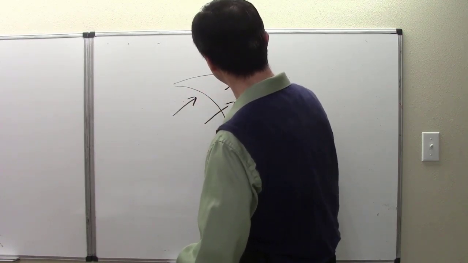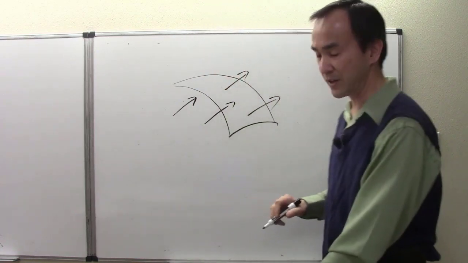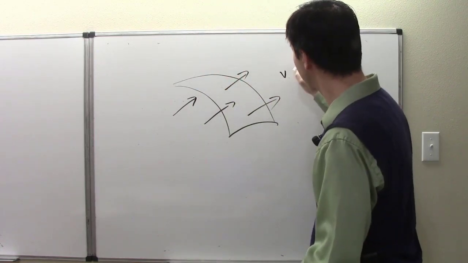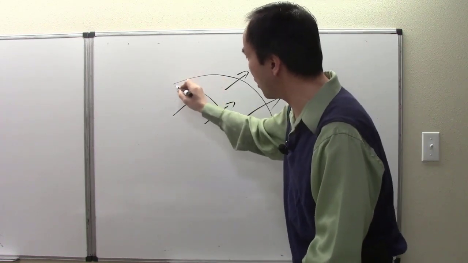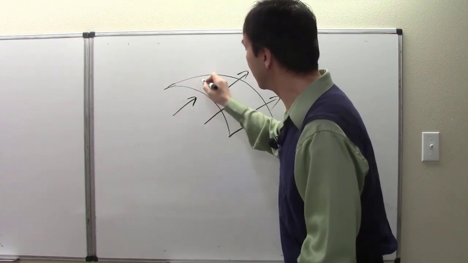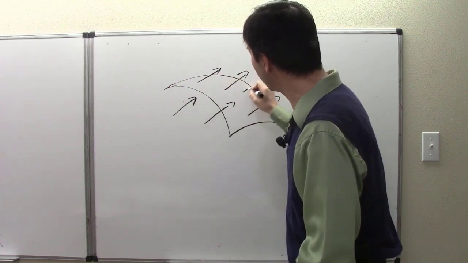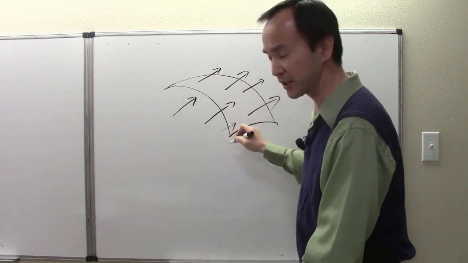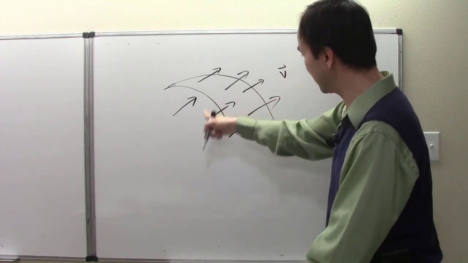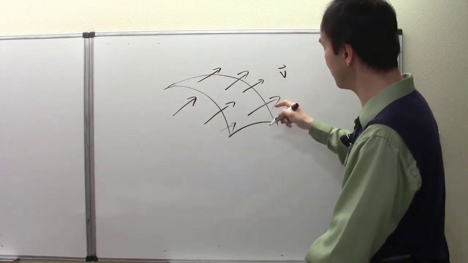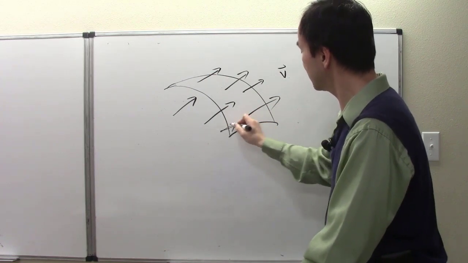Okay, water is flowing through that surface right here at some velocity v as a vector field, because think about water as a fluid, at every point it has a different velocity.